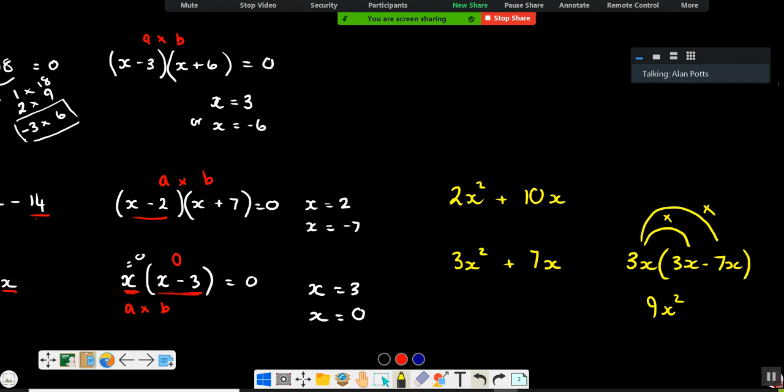And this would be minus 21x squared. Well, because didn't you tell me an x here? x times x is x squared. No x, okay. Well, no x would still be 3 times 7 makes 21, and the x.